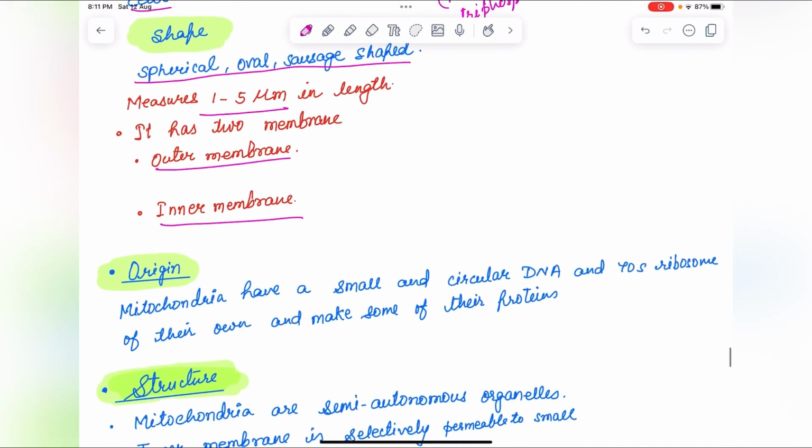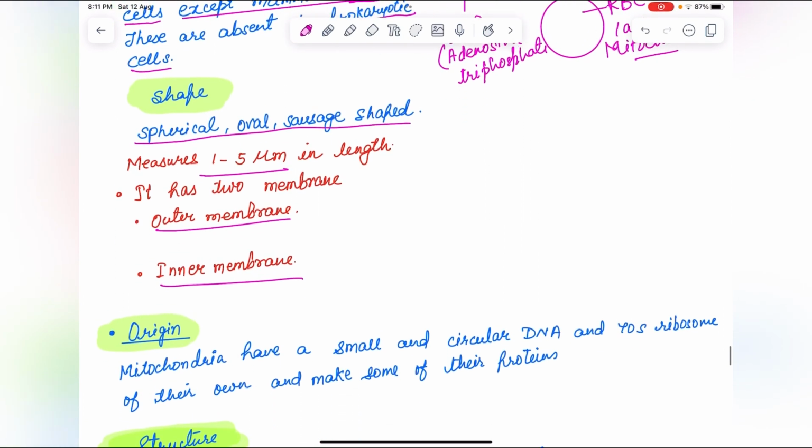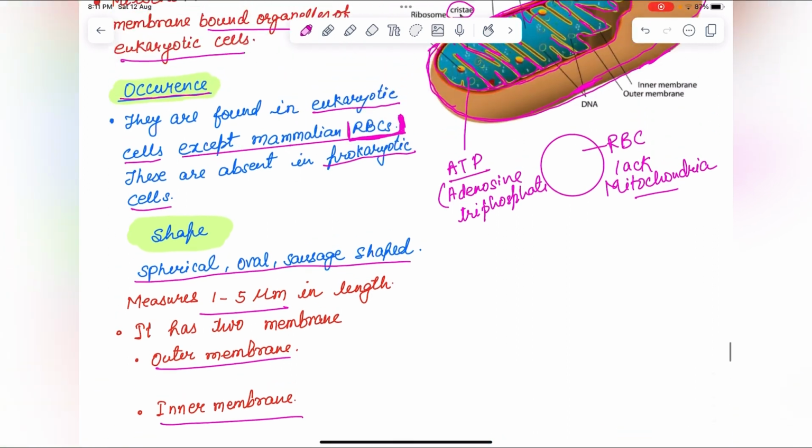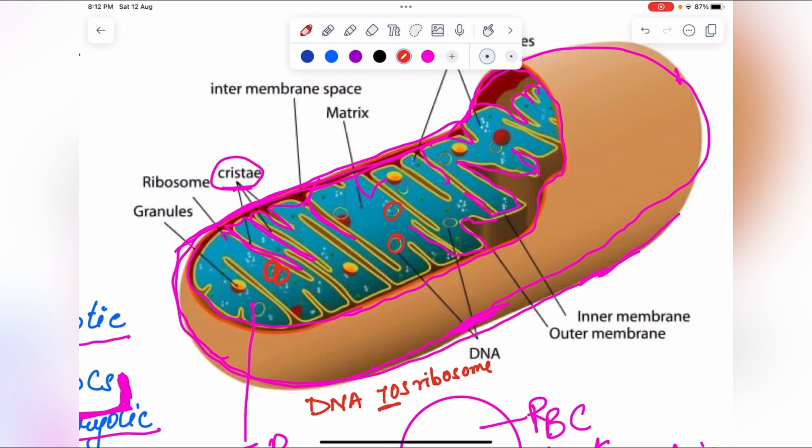Next is origin. Mitochondria have a small circular DNA and 70S ribosomes of their own and make some of their proteins. What is 70S? 70S is a sedimentation coefficient.